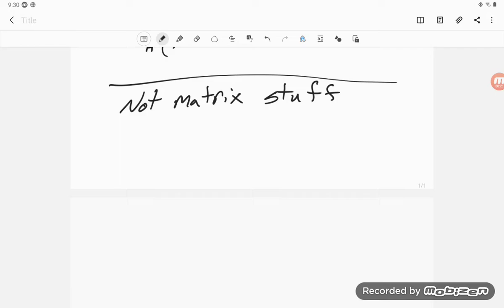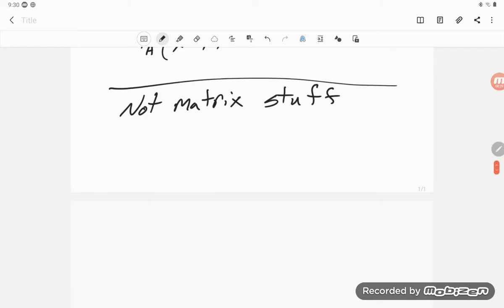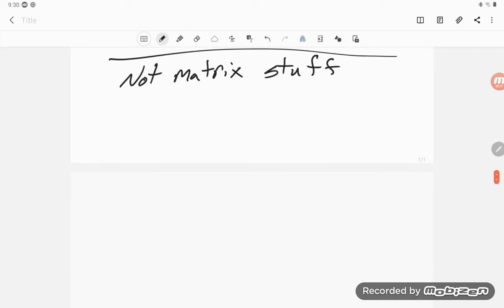So not matrix stuff. Well, suppose I want to define my transformation, and I'll keep the A there.